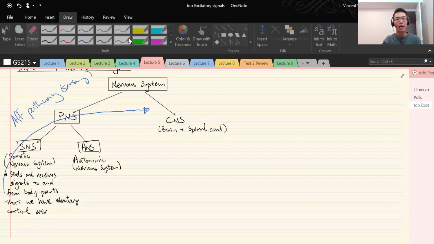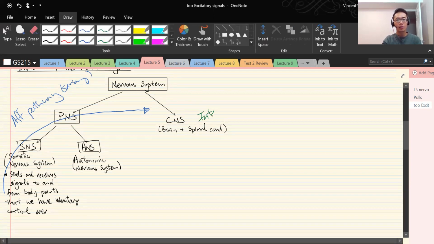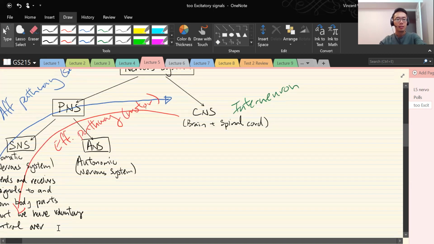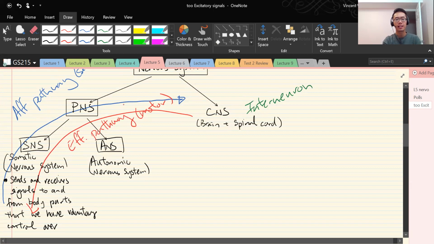And then in the CNS, you would have the interneuron to make the decision for you. Then the information is sent back to your hand. That would be the efferent pathway, which would be motor. I know it's a little bit messy, but these arrows basically help you visualize what's going on in the previous diagram with the branches of the nervous system.